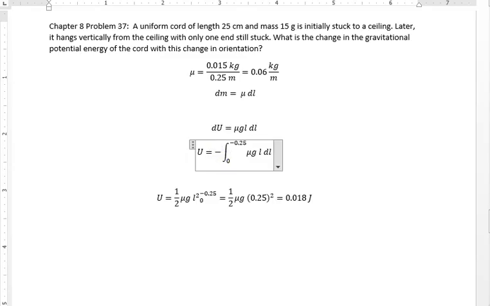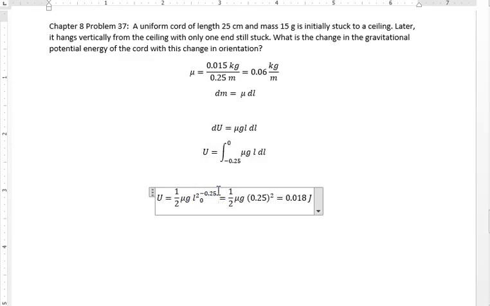Oh, I probably need a minus sign in the integral because we're going to integrate from minus 0.25 to 0. And that's going to introduce a minus sign here.